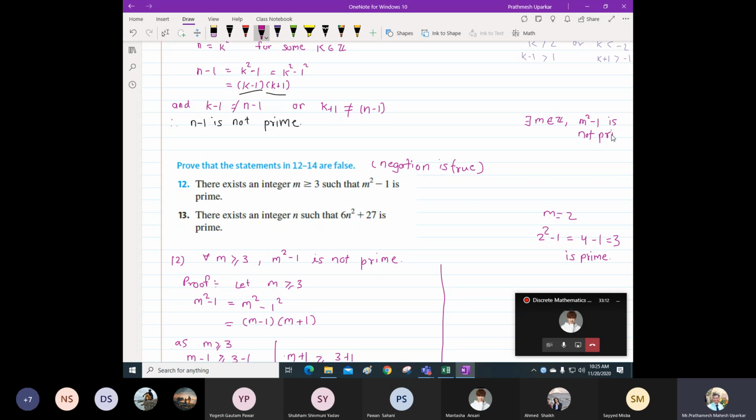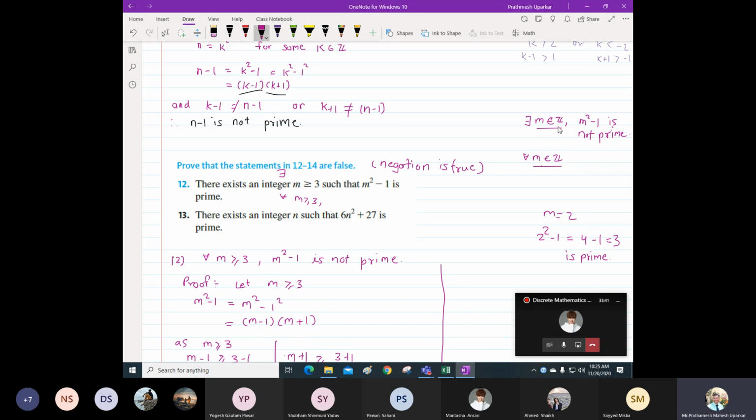What is the negation? For all m belongs to integers. So m belongs to integer change हुआ क्या? नहीं. Similarly यहाँ पे there exist m greater than or equal to 3, therefore उसका negation क्या होगा? For all m greater than or equal to 3.